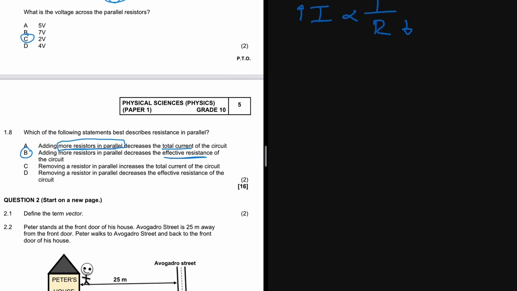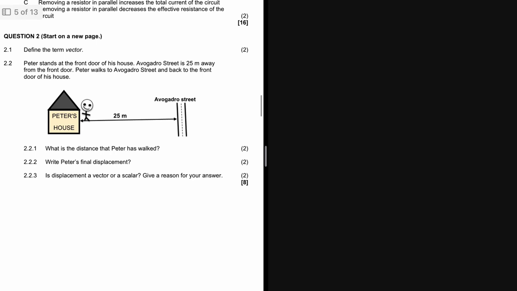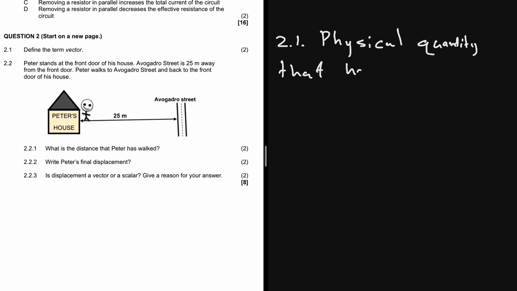Now, moving on to the questions, the first question we encounter is question 2. Question 2.1 says we must define the term vector. We know a vector is a physical quantity that has both magnitude and direction.